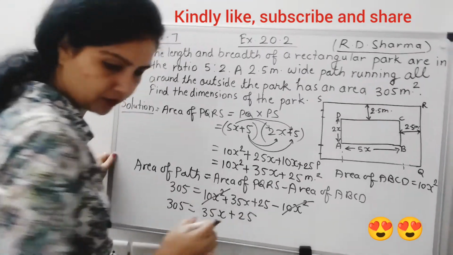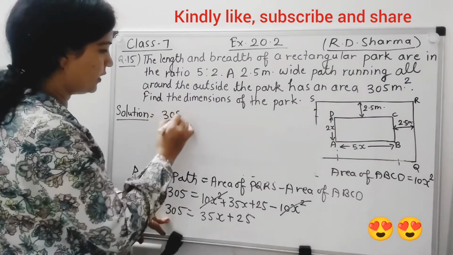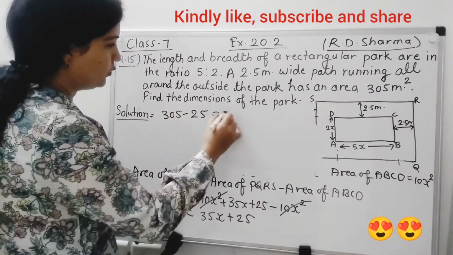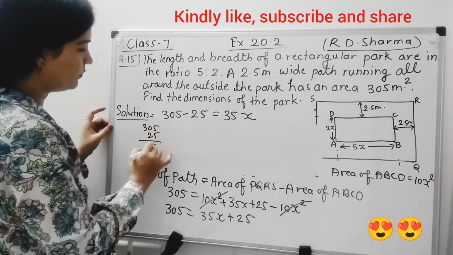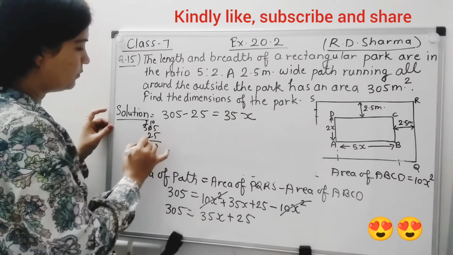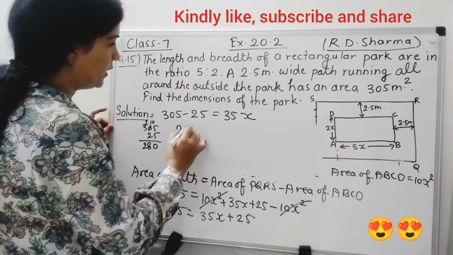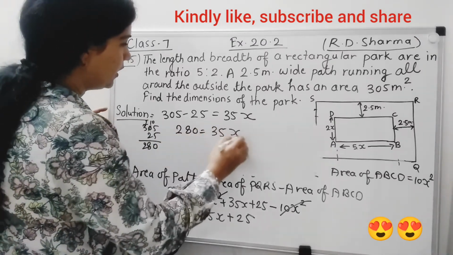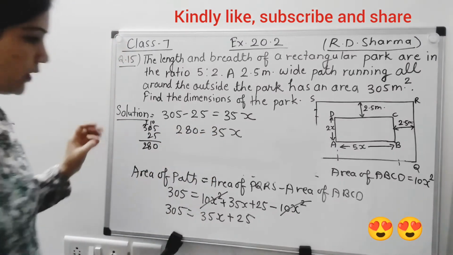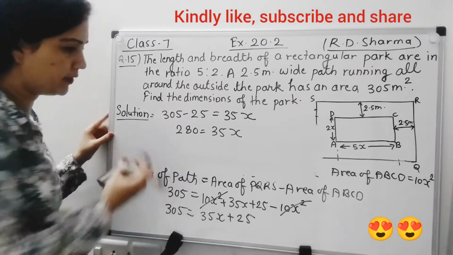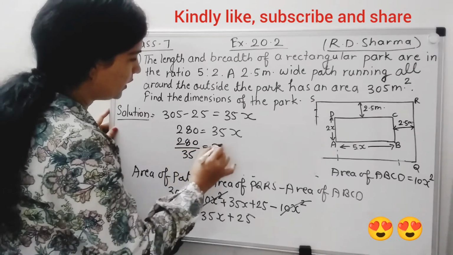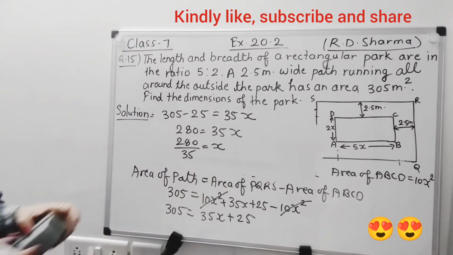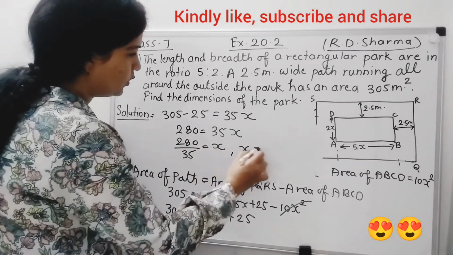Further, 305 minus 25 equals 35x. 305 minus 25: 5 minus 5 is 0, 10 minus 2 is 8, so 280 equals 35x. Now this 35 will be shifted here, and as it's a multiplication, it will be divided. So 280 divided by 35 equals x, and when you divide, you will get x is equal to 8.